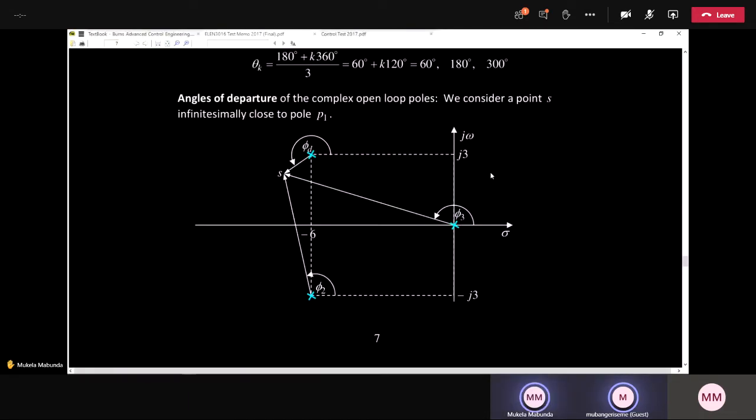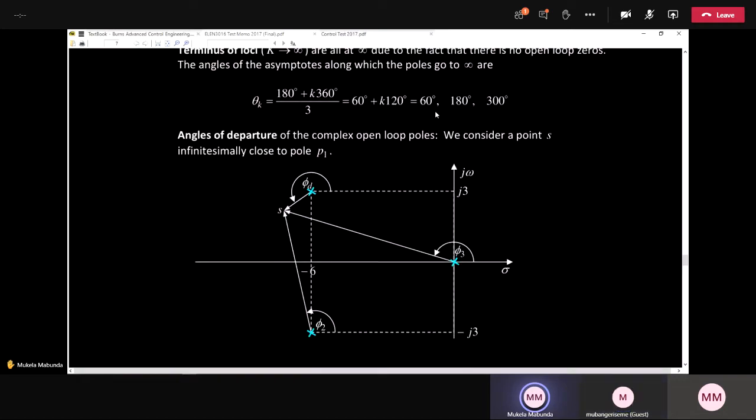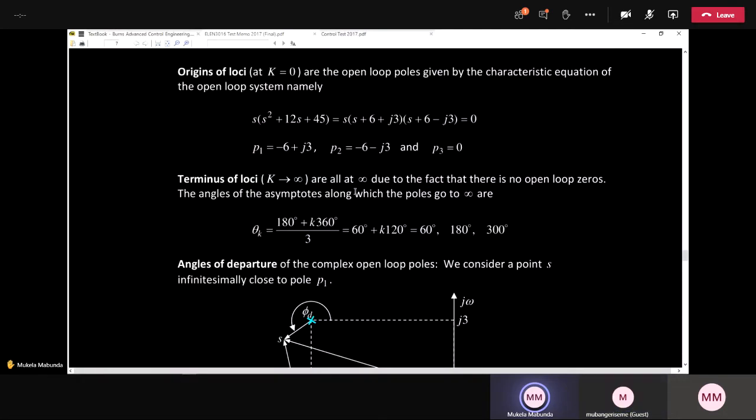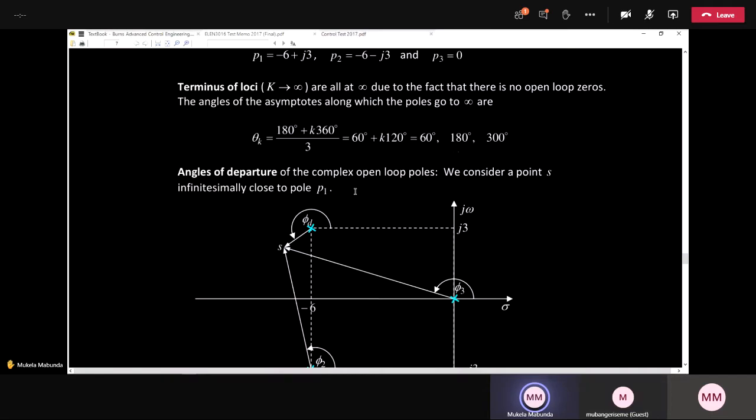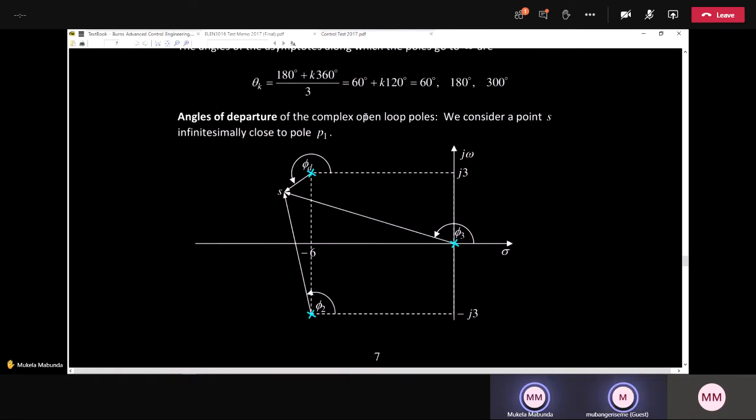So what he did here was he calculated everything, which I do understand. Like I understand how to get the poles and all of that. Then when he came here, he said the angles of departure of the complex open loop poles, we consider S as infinitesimally close to P1.